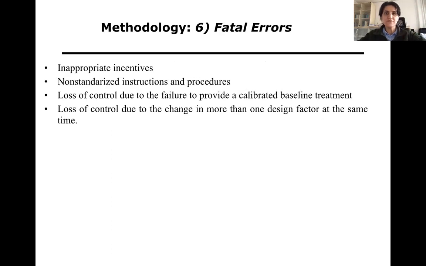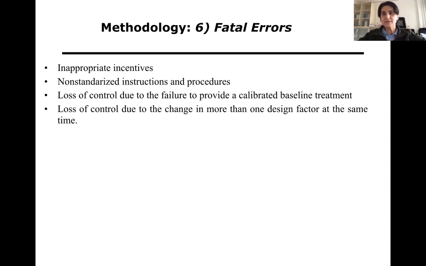What are the fatal errors? Inappropriate incentives: you should incentivize subjects well enough. For the hourly payment, we determine the average payment according to the minimum wage.